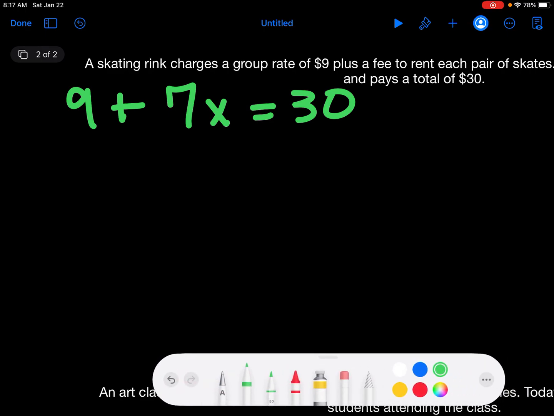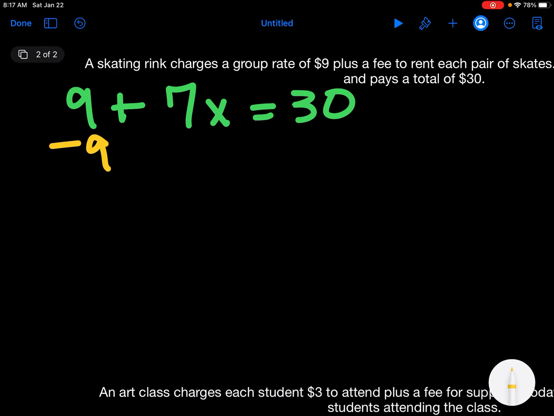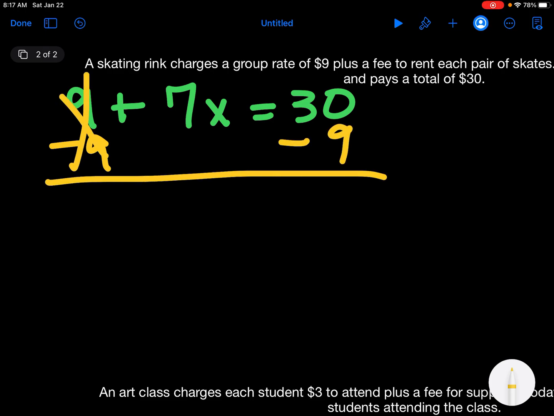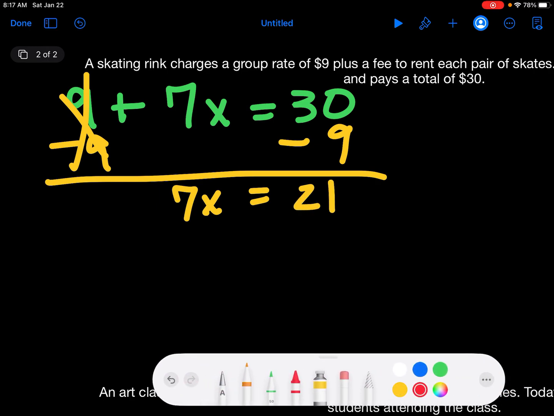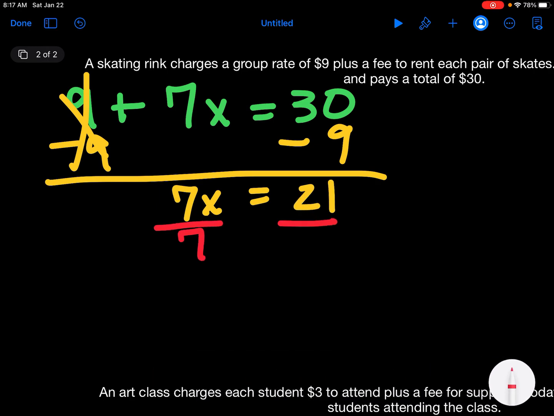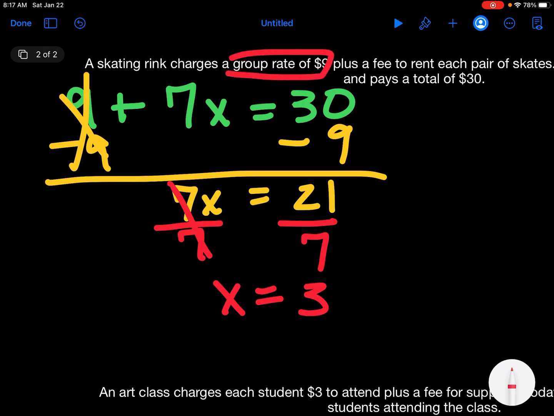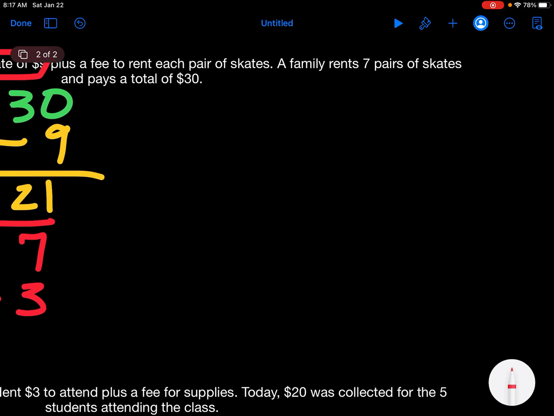So now I'm going to subtract off my fee for just going. So I've got 7x equals 21. Then I'm going to divide by my coefficient. X equals 3. So in this case, the $9, that was the group rate. The 7x represents a family rents 7 pairs of skates.